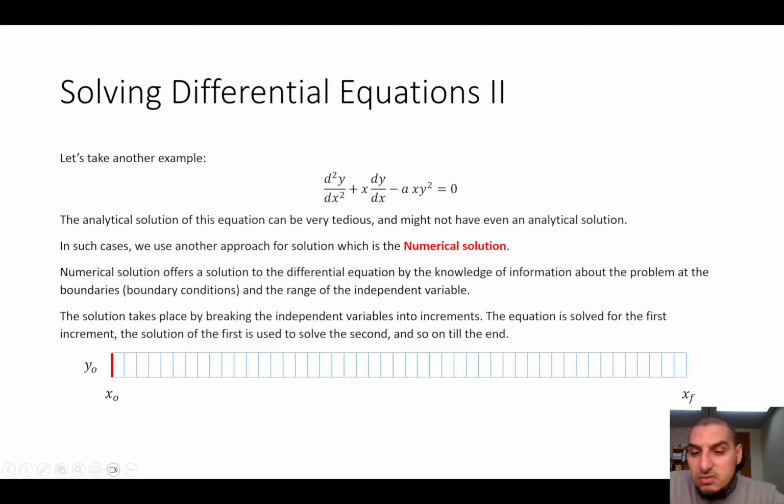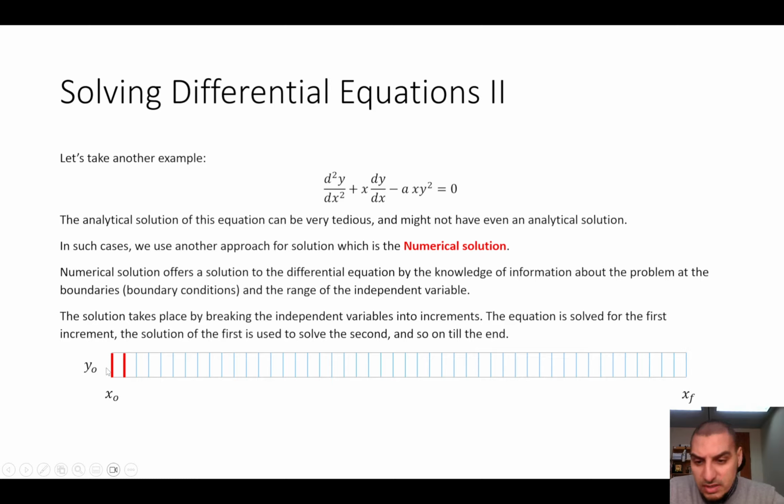And what we do is we use some mathematical approaches. There are many approaches that we can use. There is a method that's called the Euler method. There is Runge-Kutta. There are many other methods that we can use to do this. But whatever the method is, we are going to use x naught and y naught to calculate y at x1.